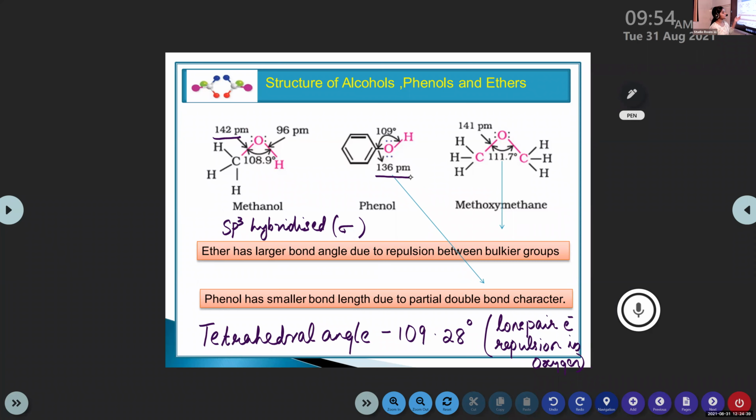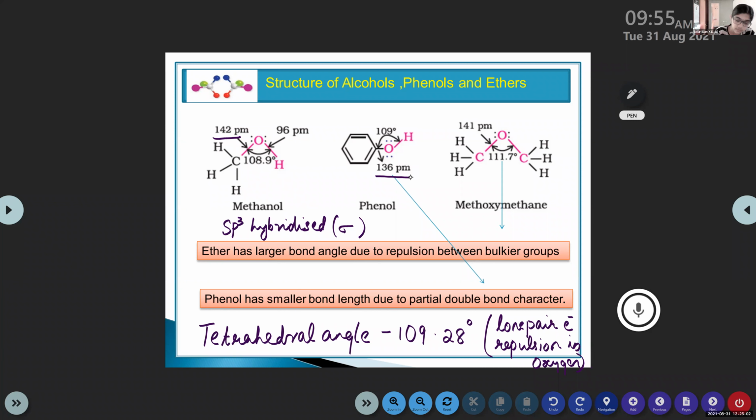Okay, because it is attached to an aromatic ring, right? So two reasons: sp2 hybridized carbon and the partial double bond character acquired by oxygen. Due to these two reasons, phenol has smaller bond length compared to methanol. This is clear? This is clear, children?